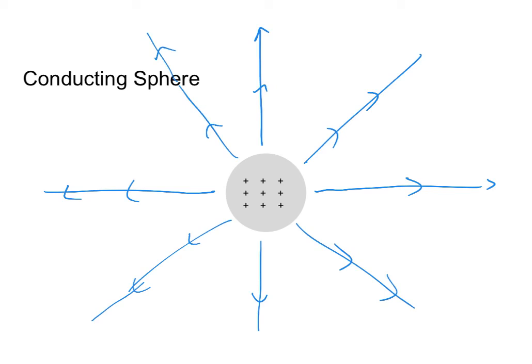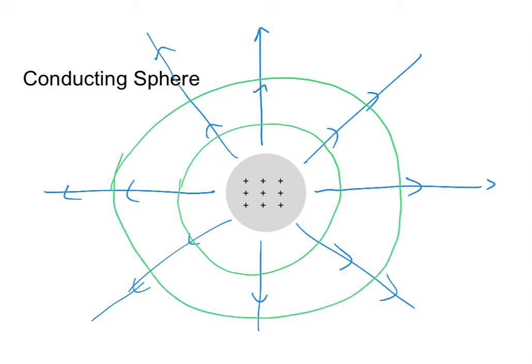Recall as well, we have no electric field inside the sphere, so I have not drawn any field lines inside the sphere. The equipotential surfaces from a conducting sphere are going to be the same as they are for my point charge, except again, I'm not going to worry about equipotential surfaces inside the sphere since I have no electric field inside the sphere. So pretend these are perfect circles. We have concentric circles around the conducting sphere.